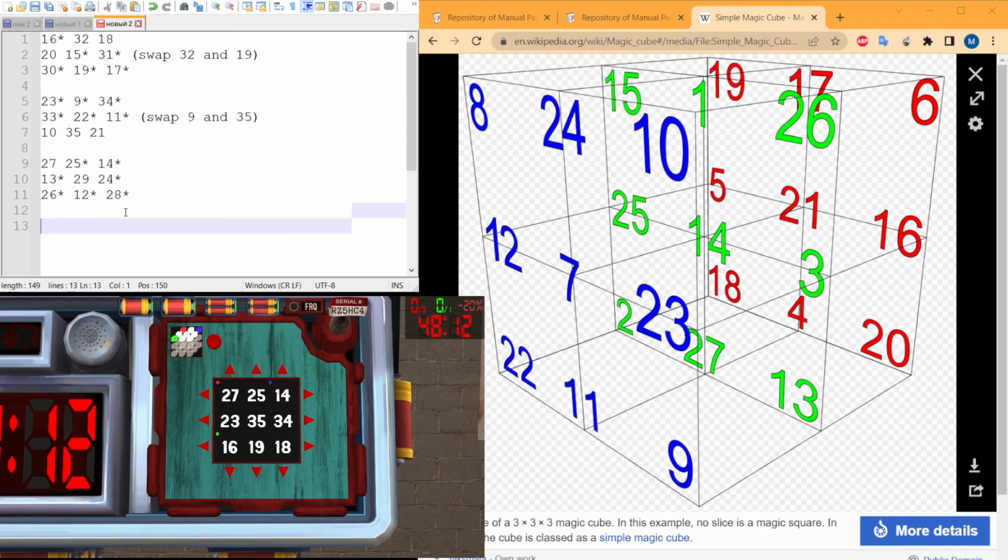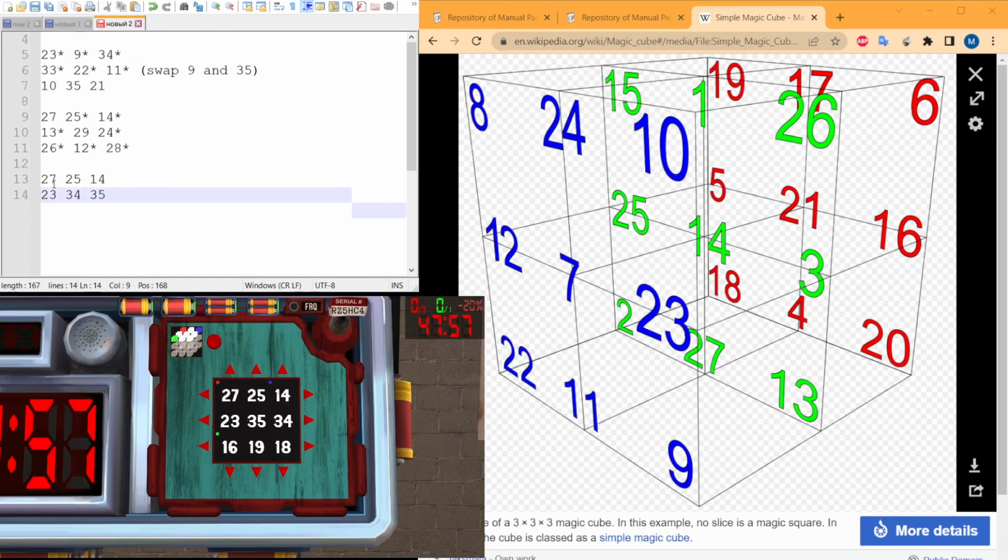So I will make a square for reference that we will have at the end. So 27, 25, and 14. And for example, 23, 34, 35. You can swap any two numbers, it doesn't matter, but I will swap numbers 2 and 3. And 16, 18, and 19.